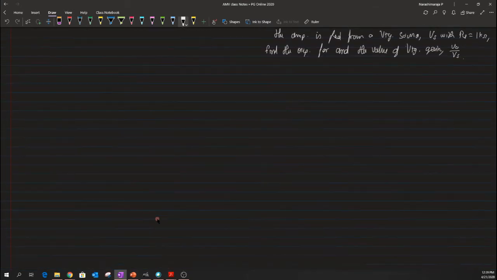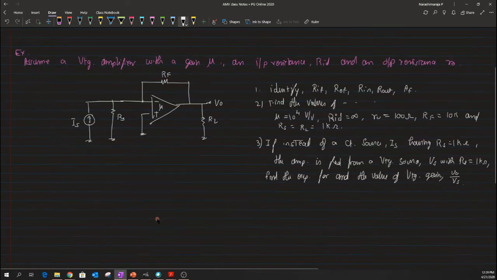Now, first of all, we have to figure out all these impedances first. Okay, so basically, the feedback network consists of a single resistor whose resistance is marked as RF. So this is our feedback circuit, and we also will mark the impedances. So it's a feedback amplifier.